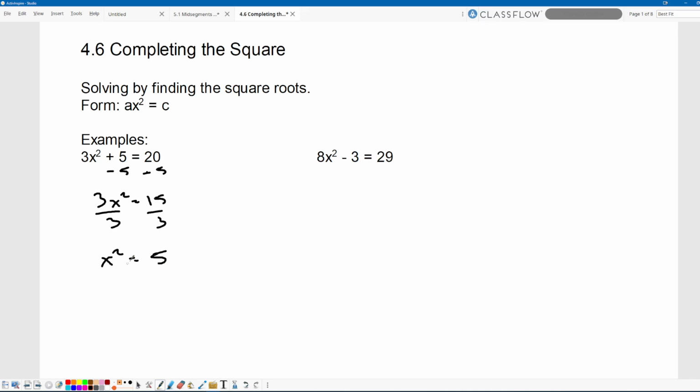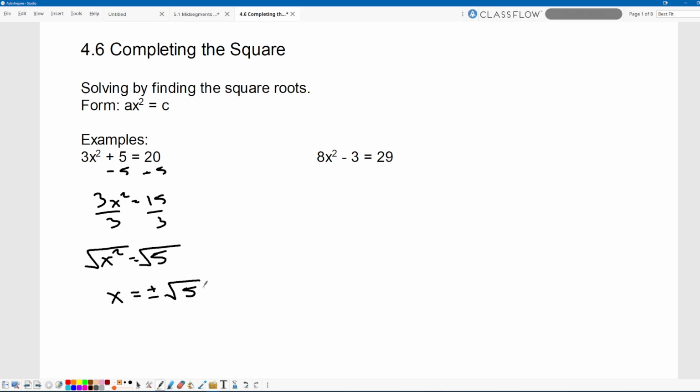And then to get rid of the squared term, you would take the square root of both sides, and you get x is equal to a positive or a negative square root of 5. I put the positive and negative square root of 5 because when we take a square root, traditionally we have focused on the positive number only, but there is a second negative variation that also works.